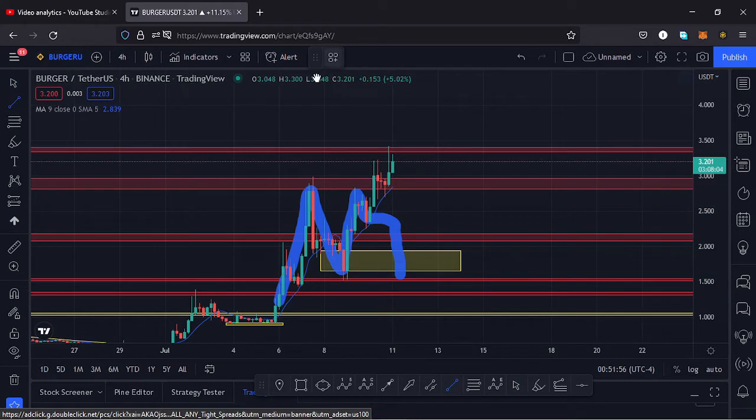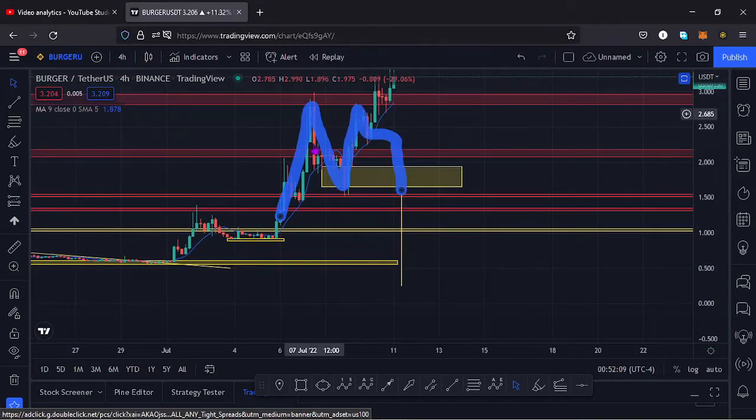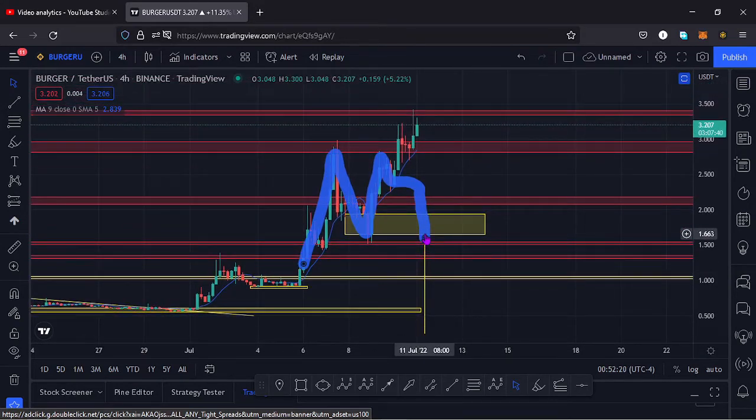So if that pattern plays out, I had the target of us breaking to the lower side, having the height of that neckline as my target area. So I expected us to go to around the $0.23 mark, which is the height of that neckline.